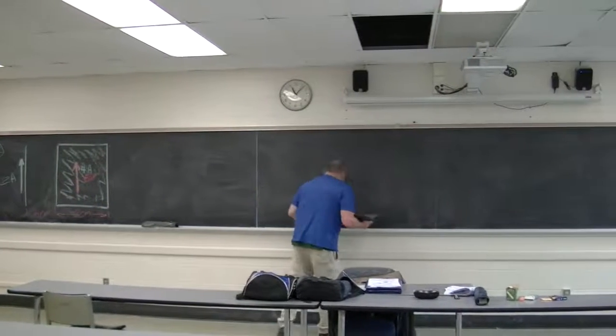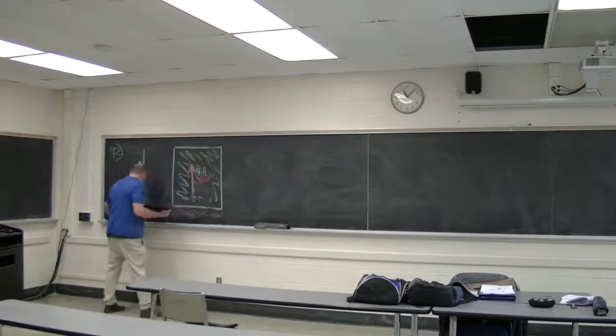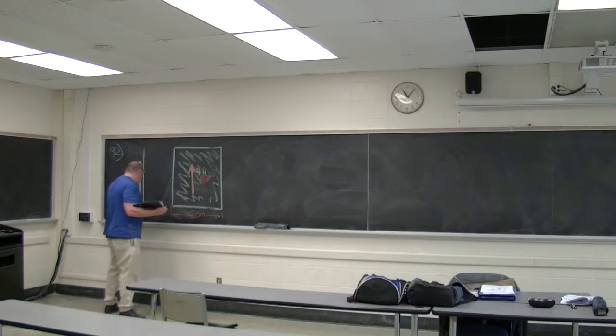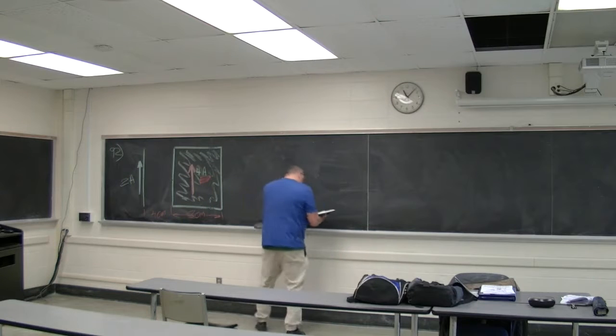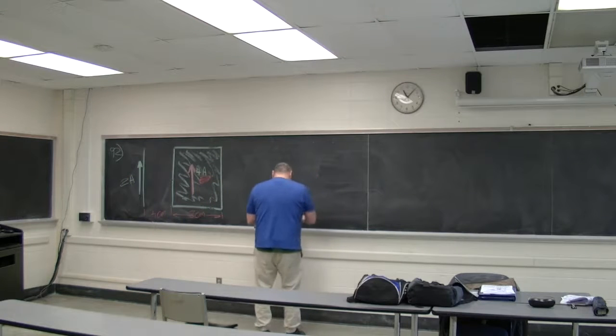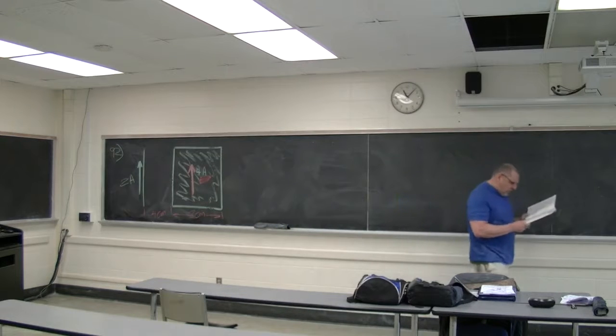Slowly but surely running out of chalk here. That's a good sign, I guess. So bottom line is: calculate the attractive force per unit length between the wire and the strip.